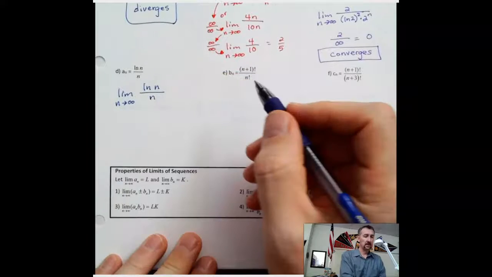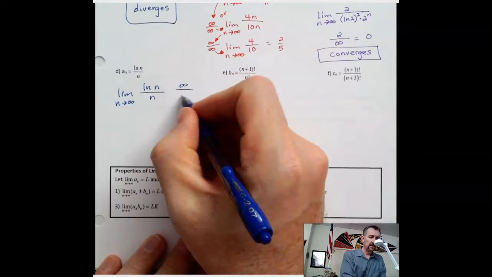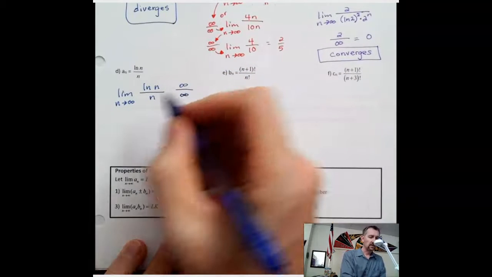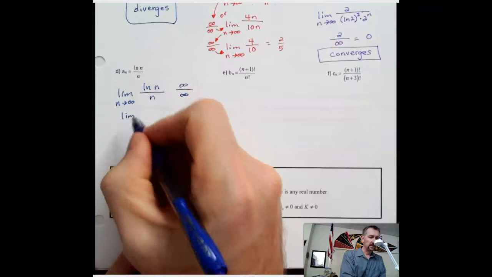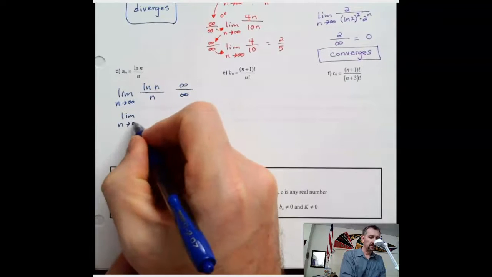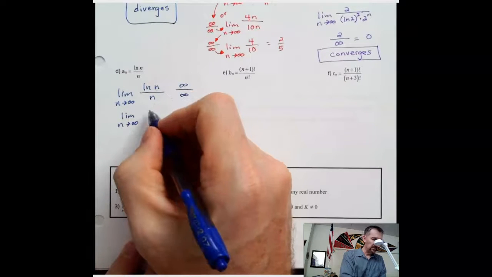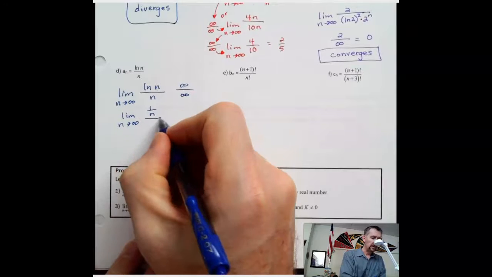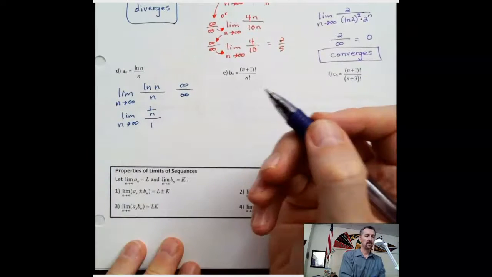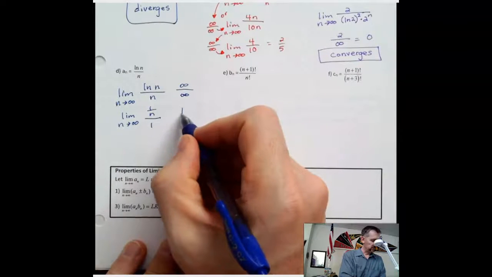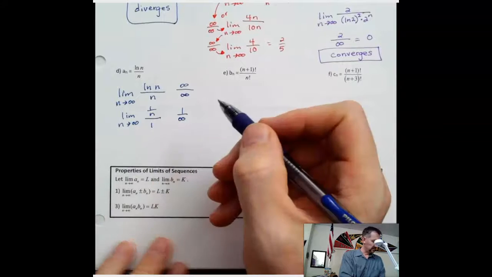It's a little bit awkward, but that's going to be infinity over infinity. So L'Hopital's rule again, as n approaches infinity. The derivative of the numerator is going to be 1 over n, and the derivative of the denominator is going to be 1. So that's going to be 1 over infinity.